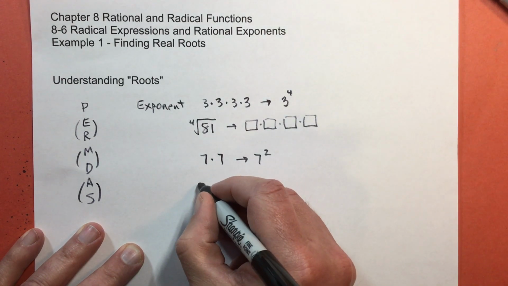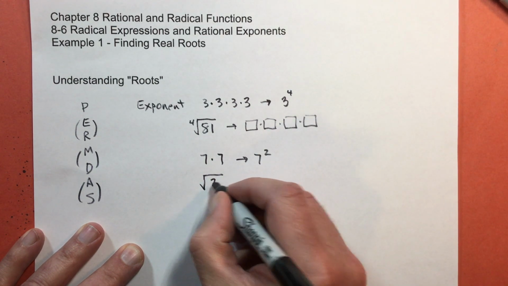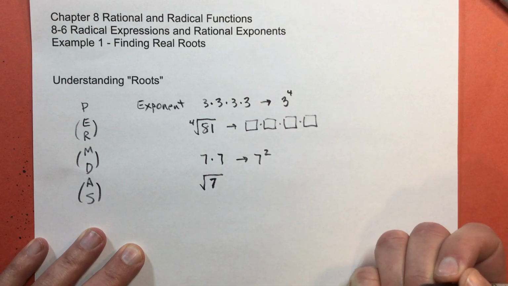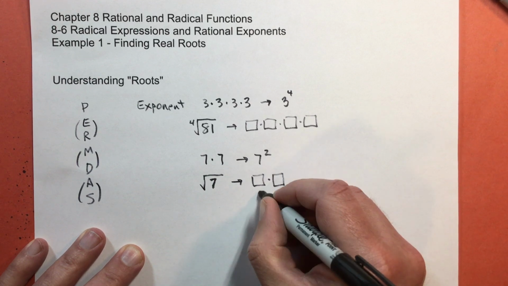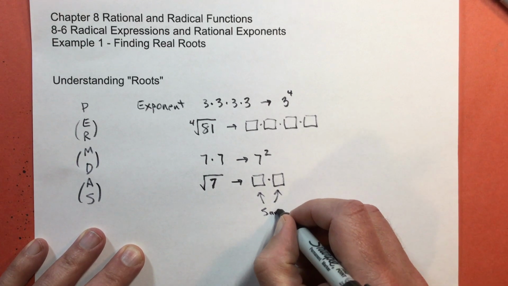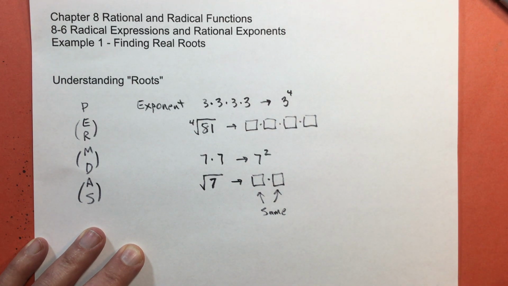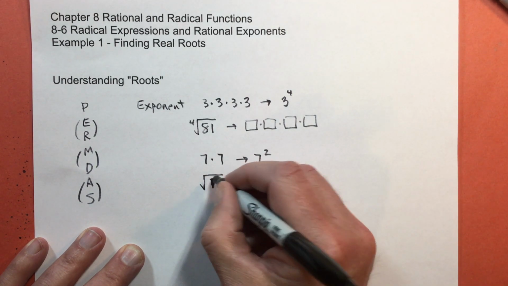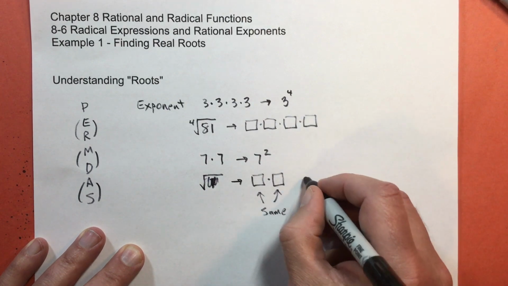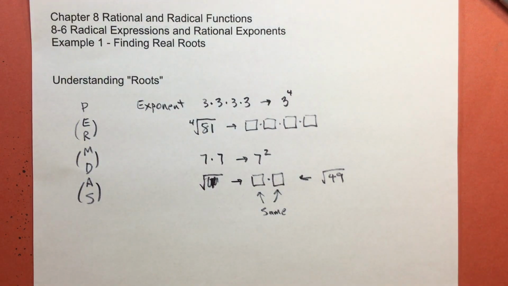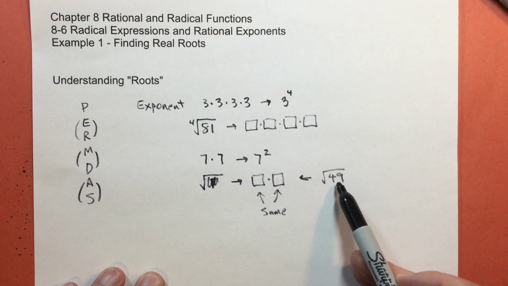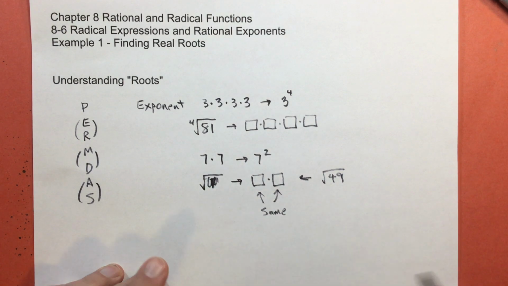So if I reversed it and said, what's the square root of 49? I forgot to do the 7 squared. Sorry. So I would be asking what number times itself equals 49. And like I have here, 7 would be one of the choices. Maybe there's another number, and we'll talk about that.